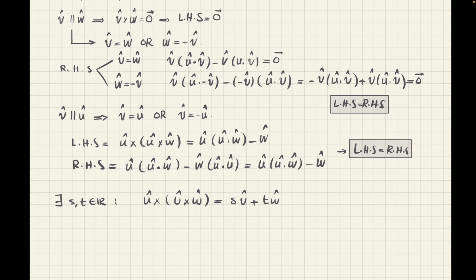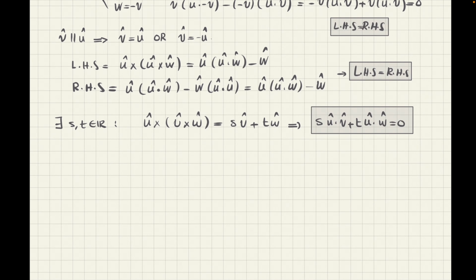And then by dot producting both sides by U, you will get immediately that this becomes 0, and then this becomes S U dot V plus T U dot W equals 0. Then I need to find another equation to solve for S and T.